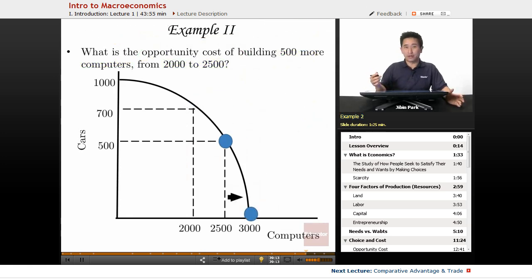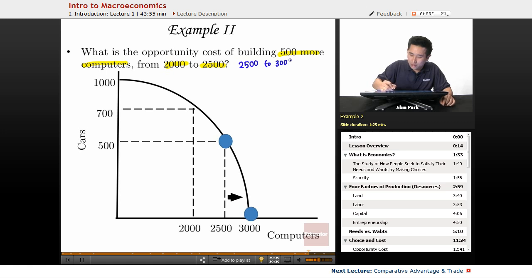Now, second example here, what is the opportunity cost of building 500 more computers, but this time from 2,500 to 3,000?